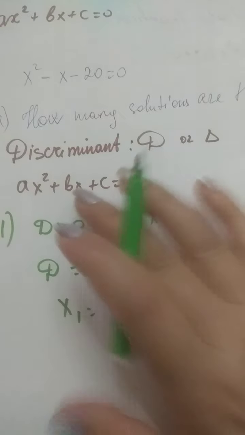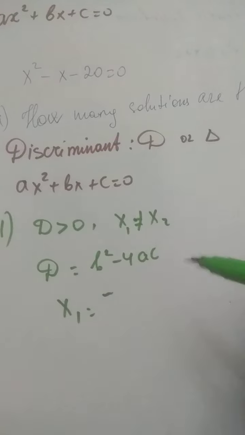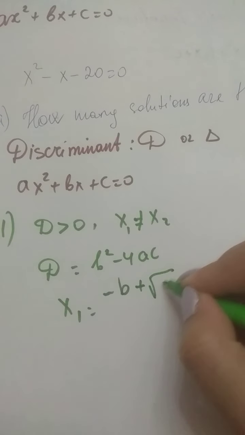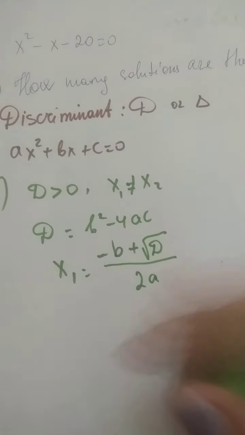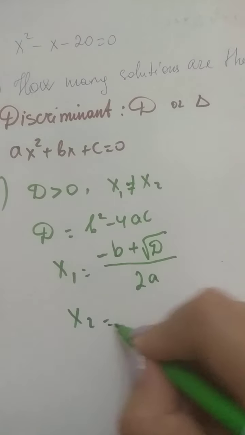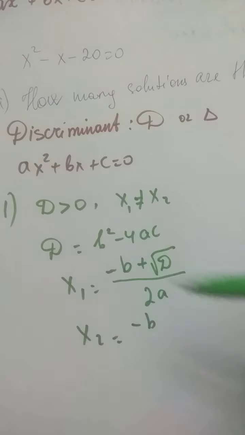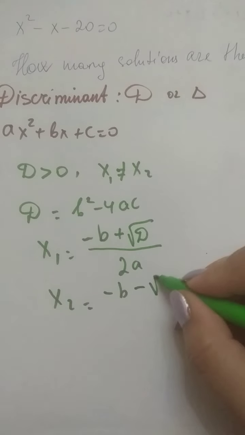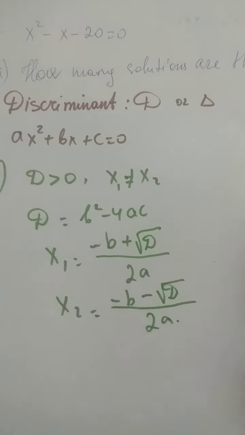Guys, if b is positive, you should take negative. If it is negative, you should take positive. So negative b plus the square root of the discriminant divided by 2 multiplied by a. Another one is again negative b, because in our equation b is positive, that's why we should take the opposite one. So negative b minus the square root of D divided by again 2 multiplied by a.